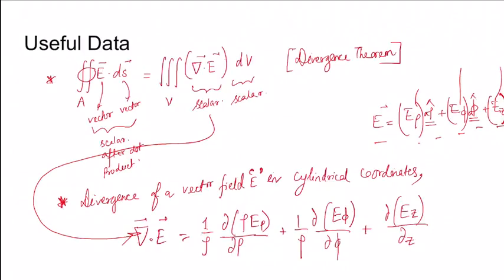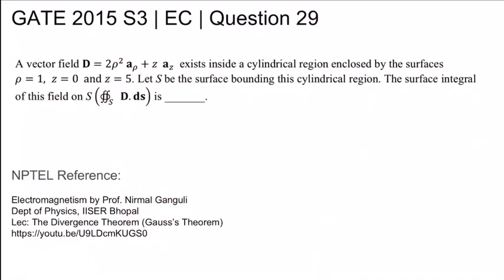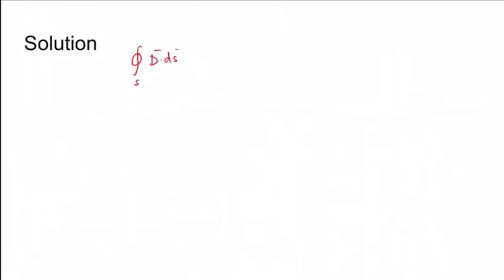Now coming to the solution, it is already given that the surface integral of the vector field D dot dS is to be determined, enclosed by the surfaces rho equal to 1, z equal to 0, z equal to 5.